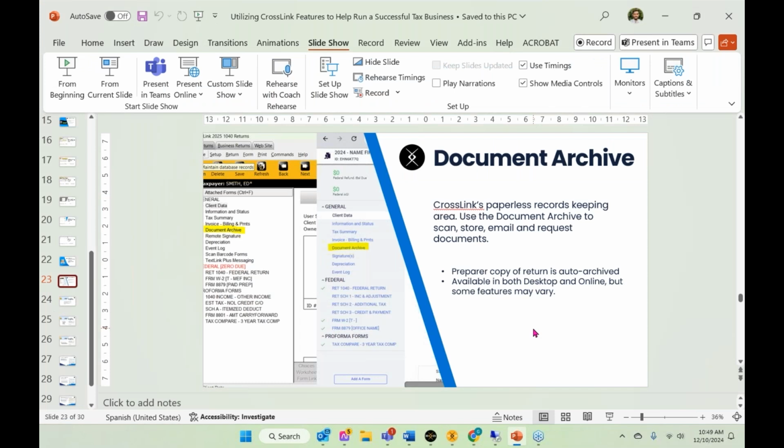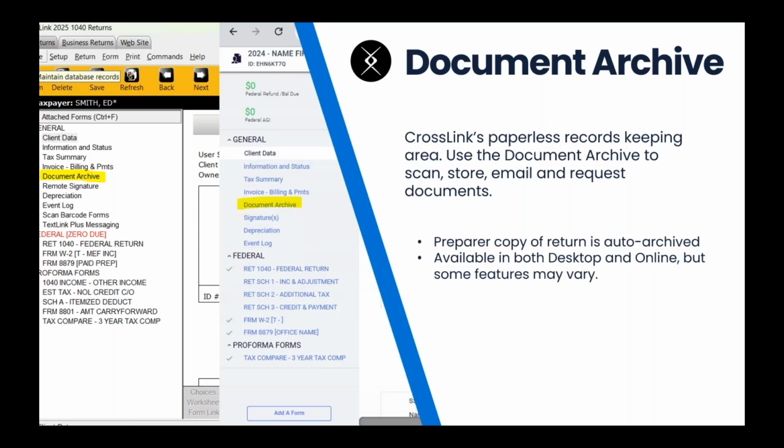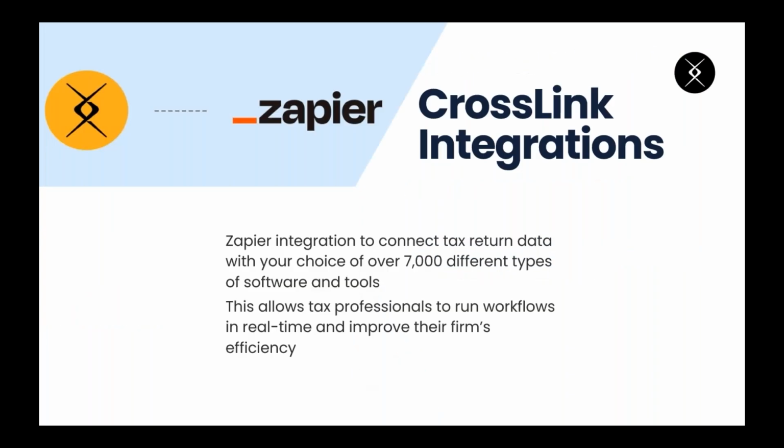Coming back into our PowerPoint, let's see what else we have to discuss today. Very interesting. This one here, this was part, I believe, of our What's New webinar that we had not too long ago. But one of the things that you can look forward to this upcoming season is Zapier integration.